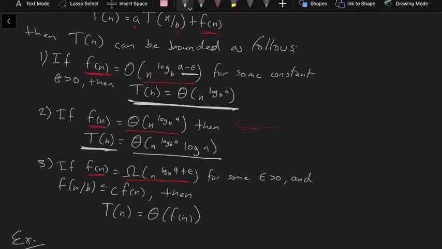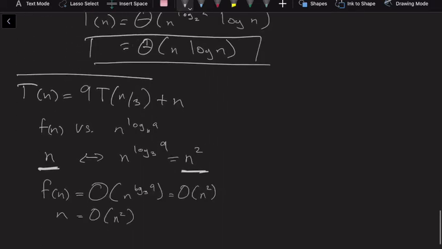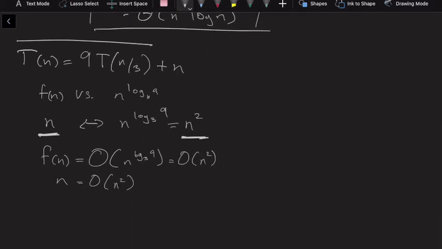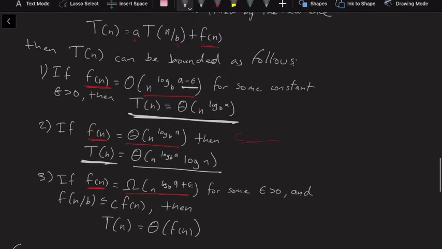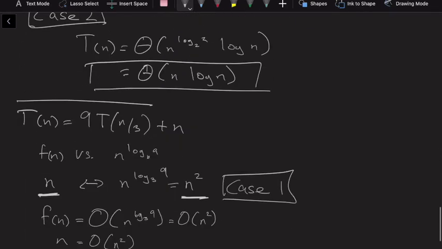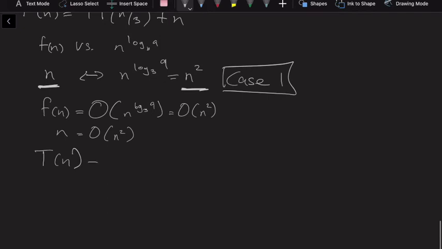So now we know that the runtime is going to be theta of n to the log base b of a. We say case 1 because we're upper bounded. So we have case 1 here, and because it's case 1, T of n is theta of n squared.